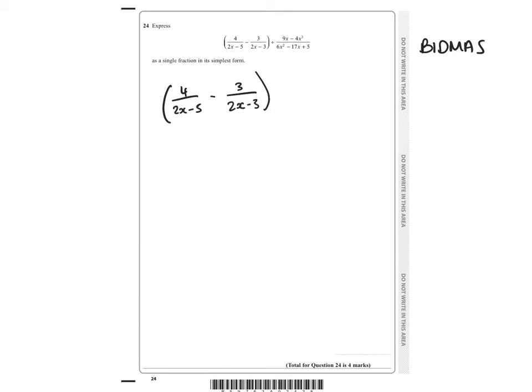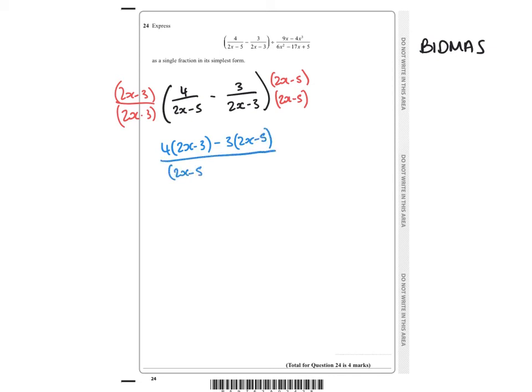With these brackets, we need to put them over a common denominator. So I'm going to multiply this one by 2x minus 3, and this one by 2x minus 5. I'm going to end up with 4 lots of 2x minus 3 minus 3 lots of 2x minus 5, all over 2x minus 5, 2x minus 3.